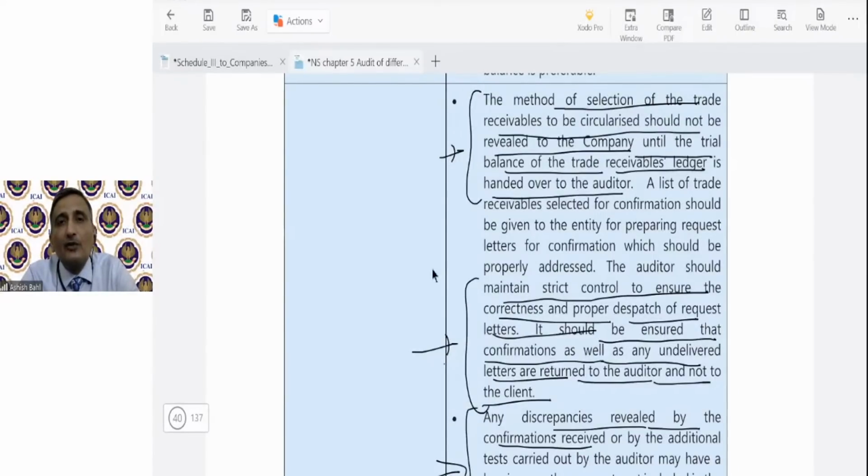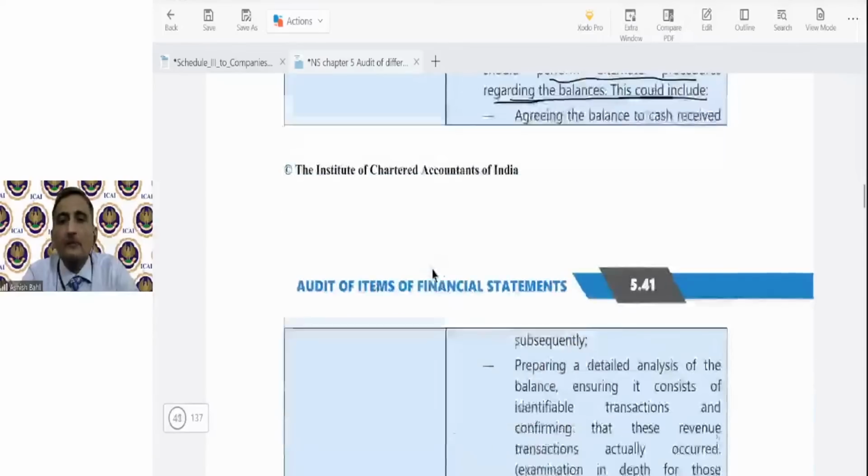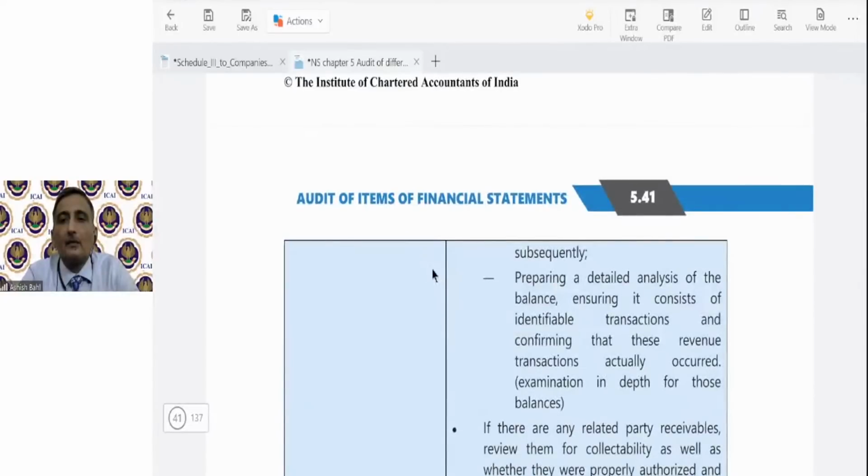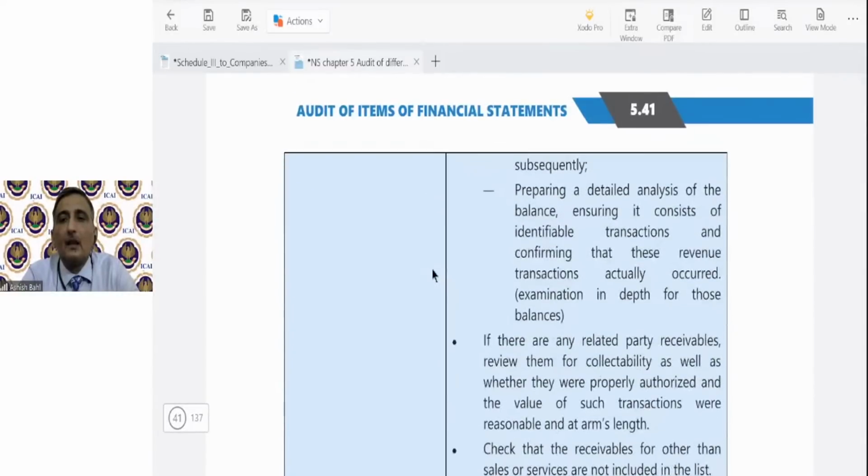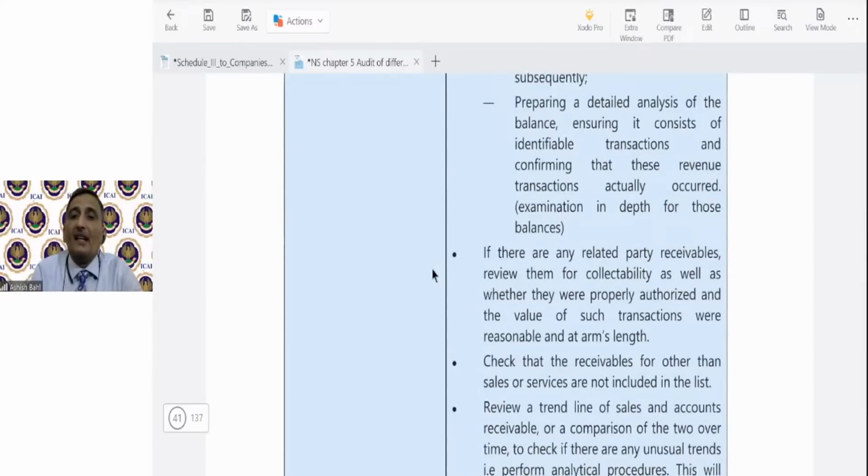अगर अगले साल उससे पेमेंट आ रही है तो इट मींस दैट ट्रांजैक्शंस आर हैपनिंग, दैट द पार्टी हैज पेड द मनी इन द सब्सिक्वेंट पीरियड। ओके, and if there are any related party receivables, then review them for their collectability.